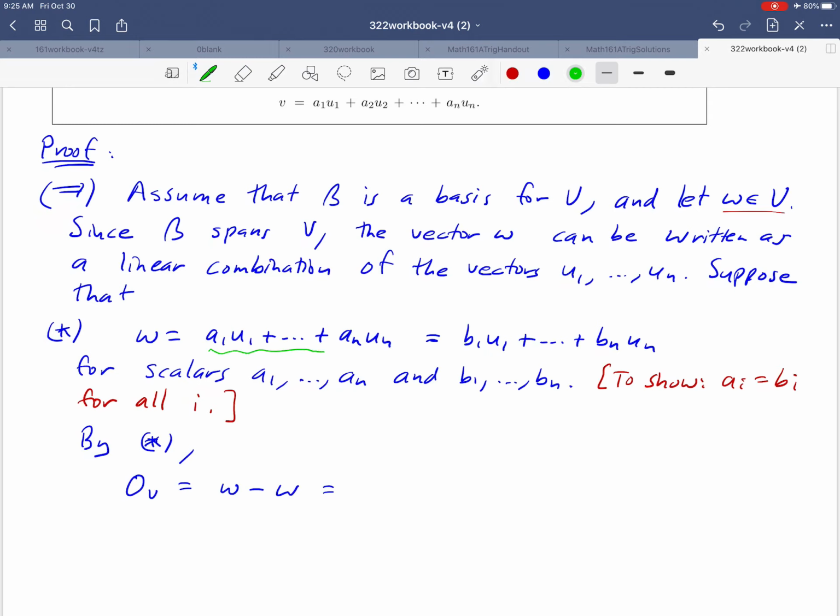We've got w written one time like this, so I'm going to substitute that in for this w: a1 u1 up to an un. So there's my first w. But w has also been written like this, so we can substitute that second way of writing w in for the second piece.